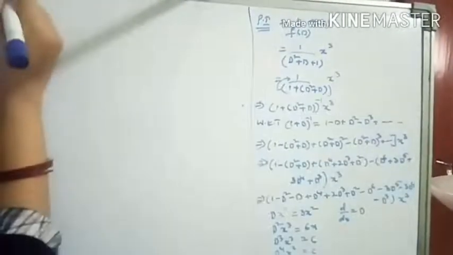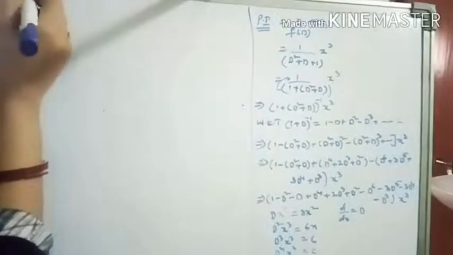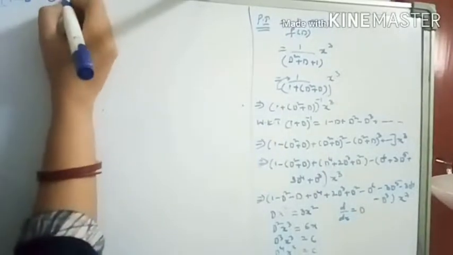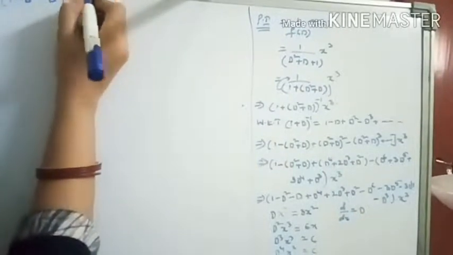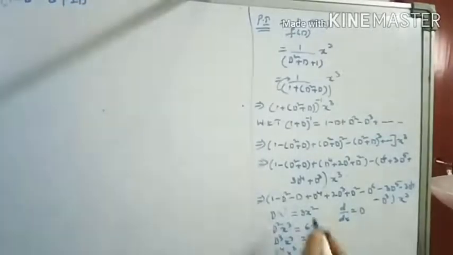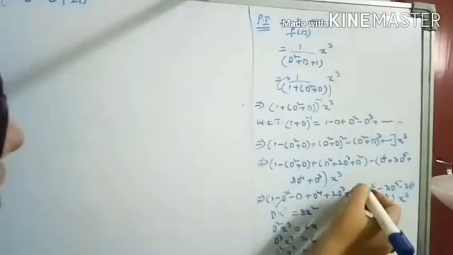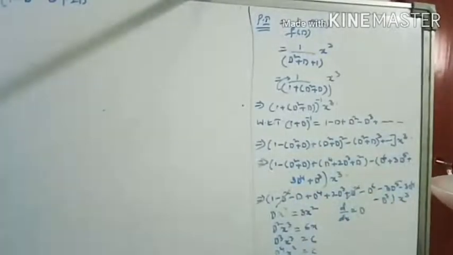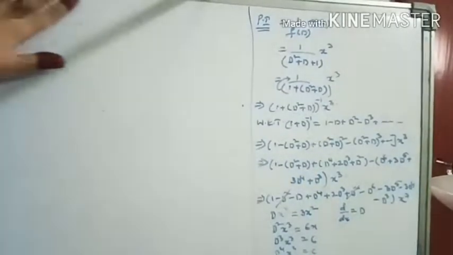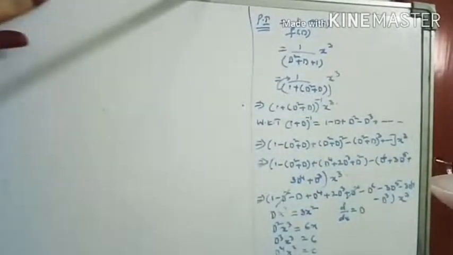Now what is left? 1 minus D square, the D square and D square will get cancelled, then D square and plus D square will get cancelled, and 2D cube and minus D cube.